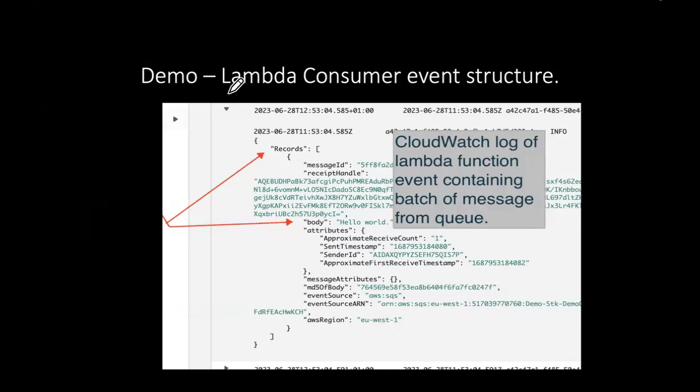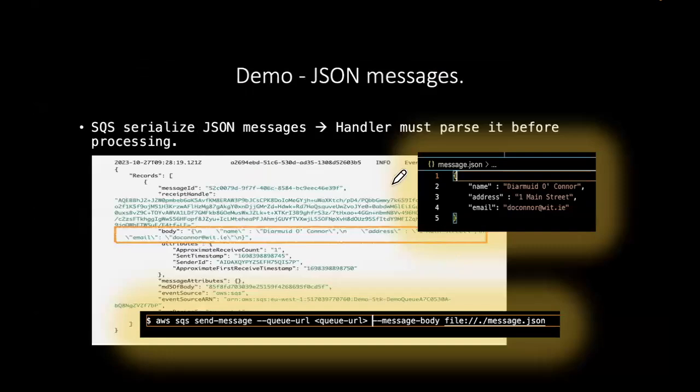I've shown you that in the demo, so it's just a screenshot. Now, we just sent a string there as our message, but typically a message is some sort of JSON structure.